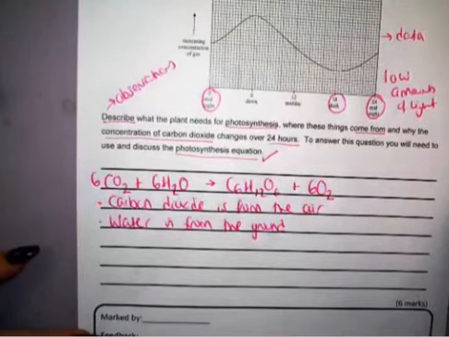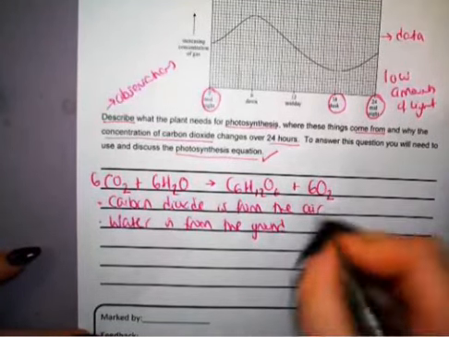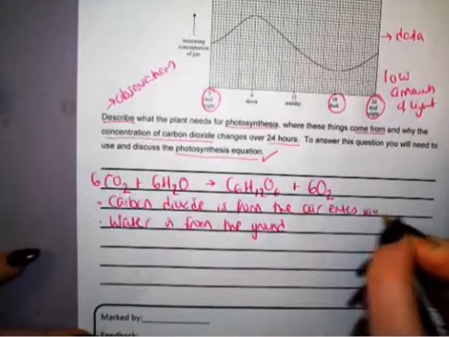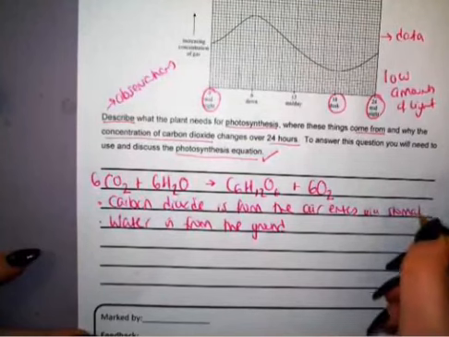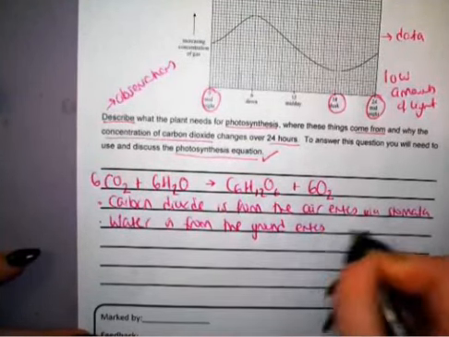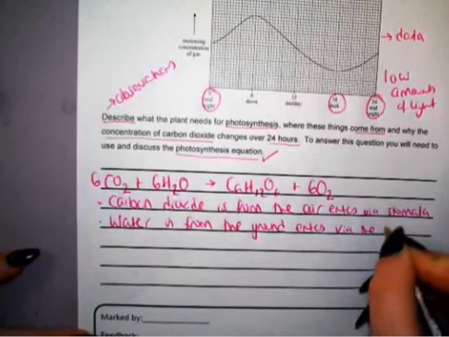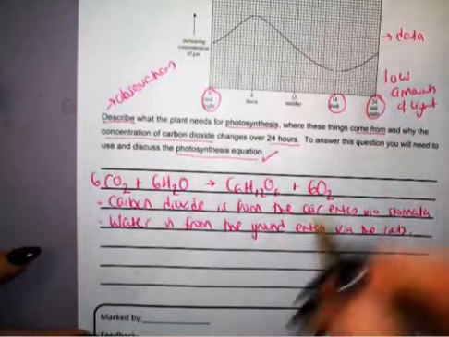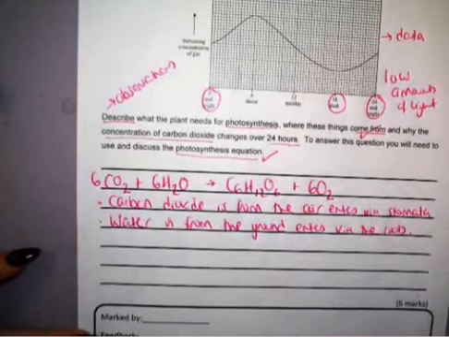Okay, now for those extra marks, it'd be good to say where it enters from. So it's in the air, but it enters via stomata. Water is from the ground, but it enters via the roots. So I've now said where they come from.